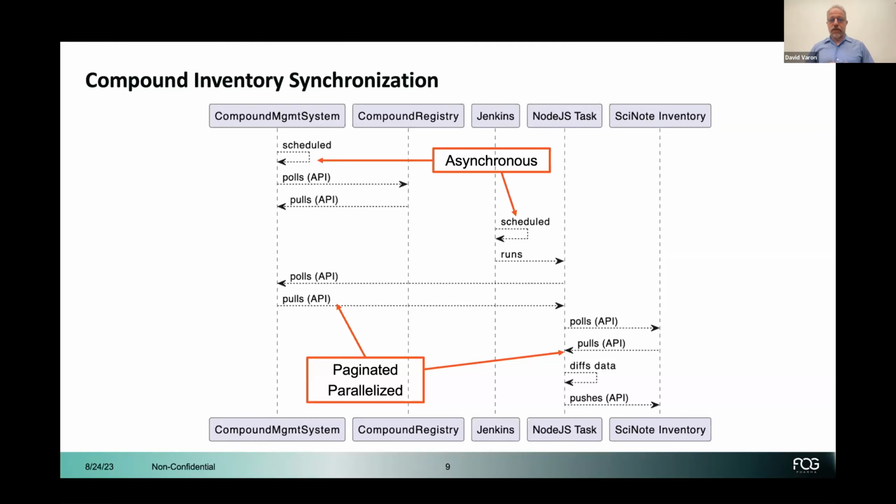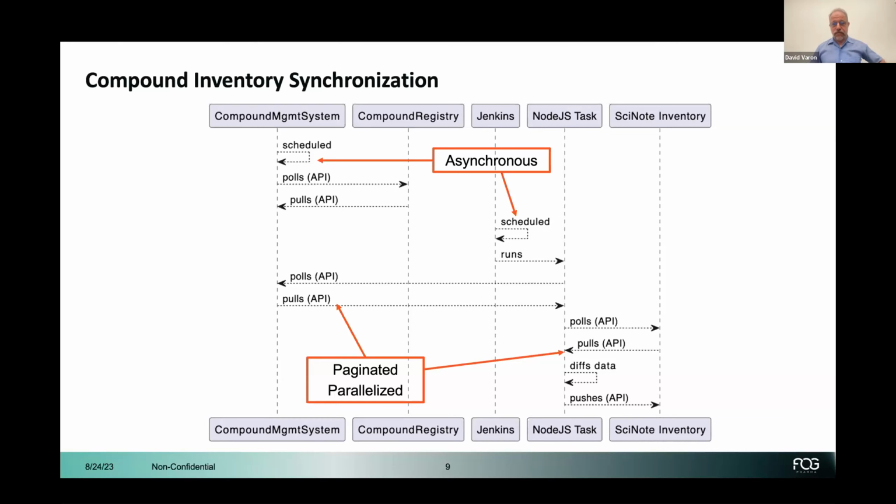The Jenkins job also runs on a separate schedule, and it polls the compound management system, which from the perspective of Jenkins is serving as a proxy for the compound registry, right? So if we could have polled the compound registry directly, we probably would have done that.